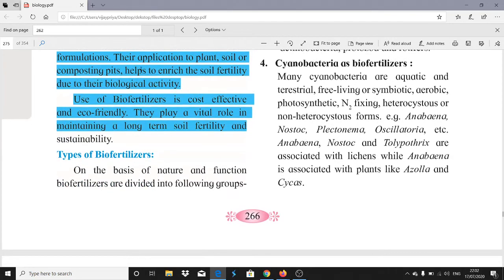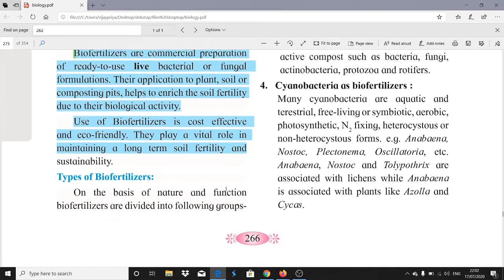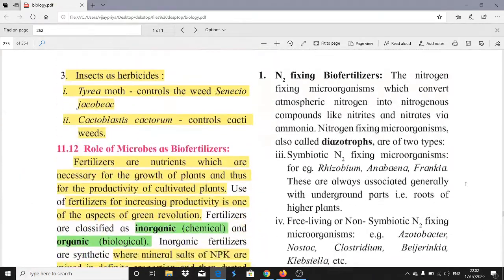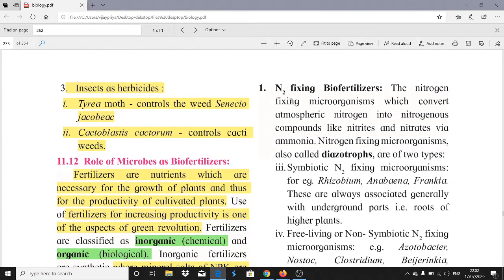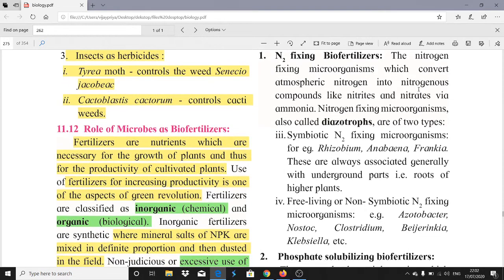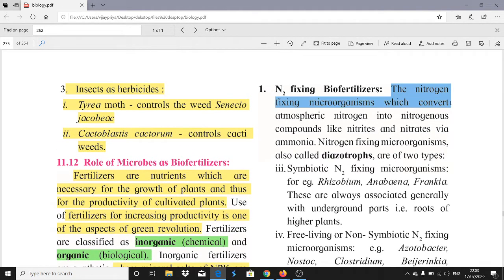So, types of biofertilizers. On the basis of nature and function, they are divided into some groups, like nitrogen fixing biofertilizers. These are the nitrogen fixing microorganisms which can convert the atmospheric nitrogen into nitrogenous compounds like nitrites, nitrates via ammonia.